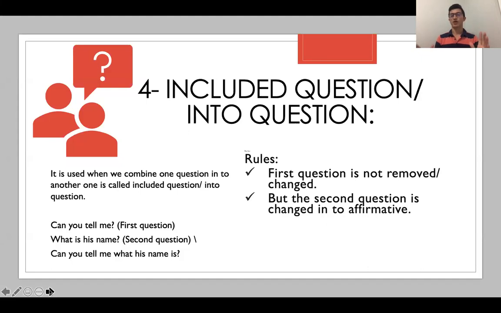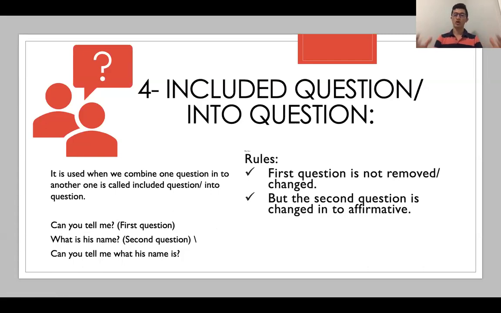For example, can you tell me what your name is? Here's one example. Can you tell me? It is the first question. What is his name? The second question. But when you want to use an included question, here is the time to combine these two questions together in one sentence. Look at the other one: Can you tell me what his name is?